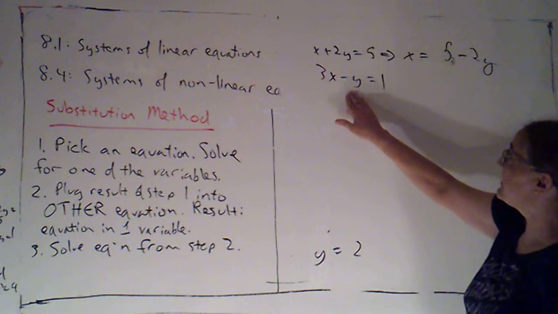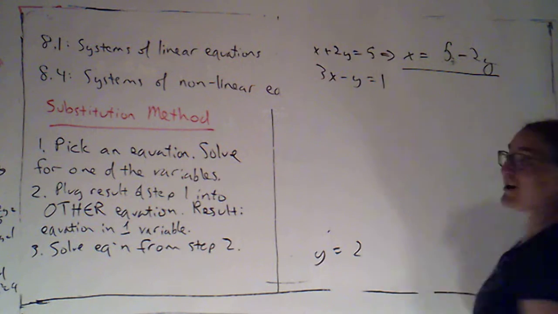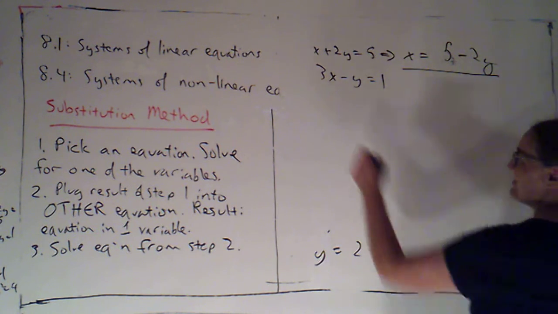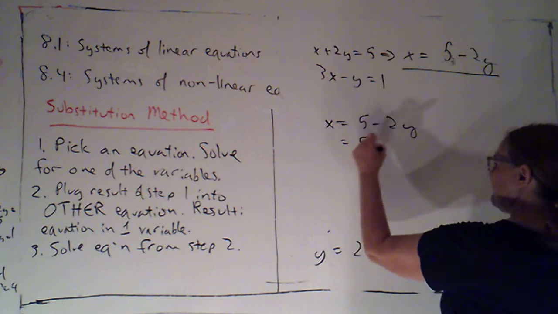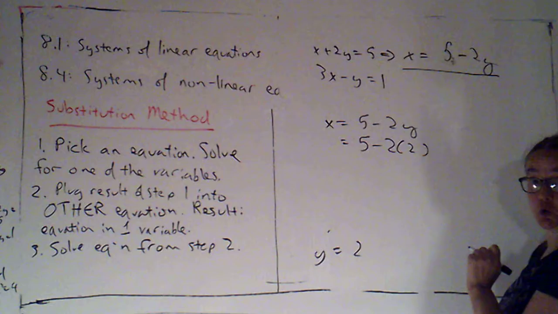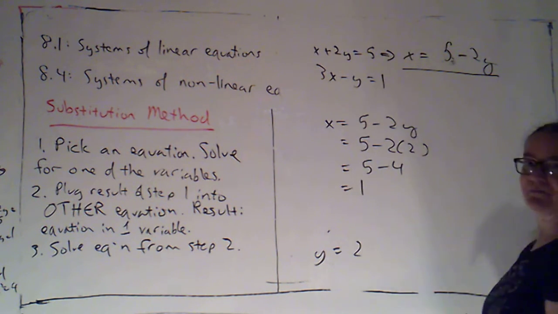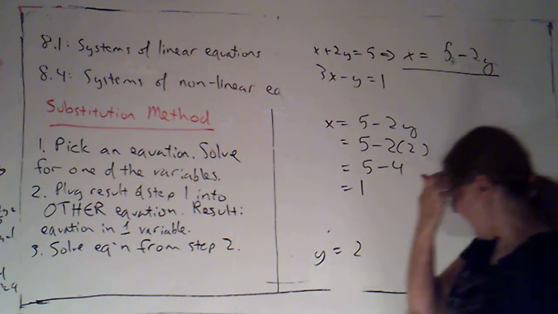This original one, or what's simplest is this one where I solved for x in terms of y. I think that's what I'm going to do. I'm going to say x is 5 minus 2y. That's going to be 5 minus 2 times 2. That's going to be 5 minus 4, which is 1. So that gives me my other value.